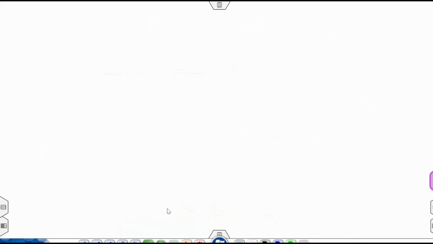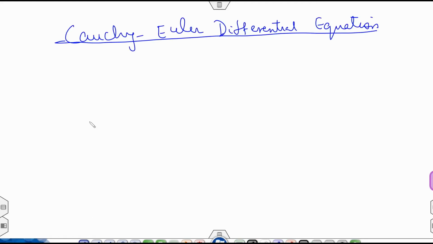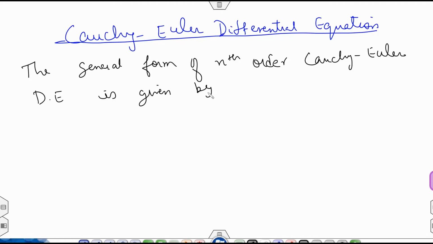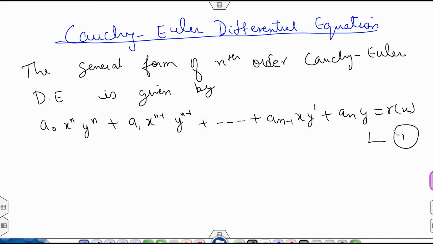Now we will find the general solutions of homogeneous differential equations that are of Cauchy-Euler form. So let us write down the Cauchy-Euler differential equation. The general form of the nth order Cauchy-Euler differential equation is given by a naught x to the n y to the n, plus a1 x to the n minus 1 y to the n minus 1, plus an minus 1 x y dash, plus an y, is equal to r of x, where all your a naught, a1 till an are constants.